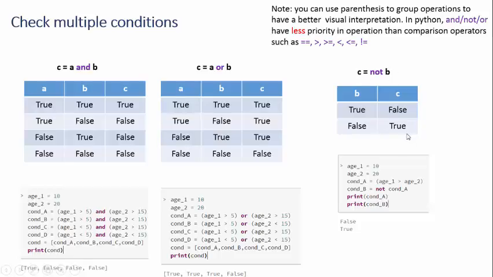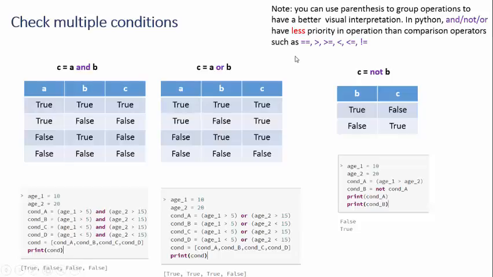So it sounds a little bit complicated, but actually when you use it a few times, you're going to know the details. There are actually three simple examples that I showed here. You can go through them one by one to understand what is really meant by AND, OR, and NOT operators for different conditions.